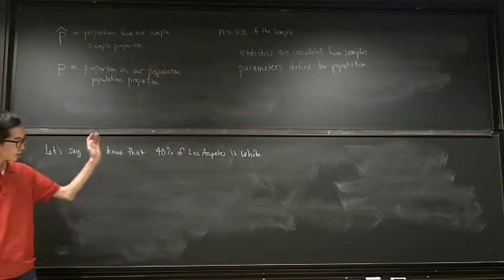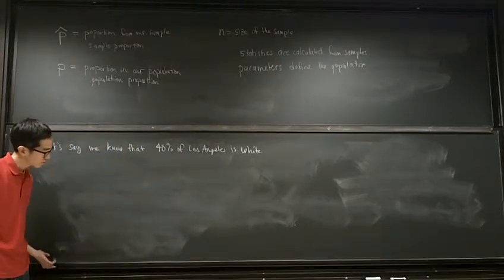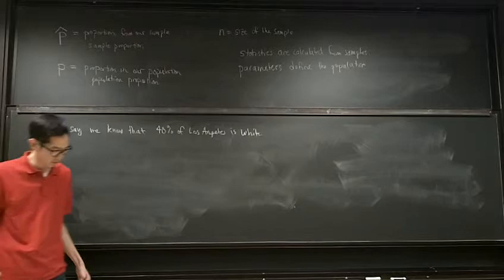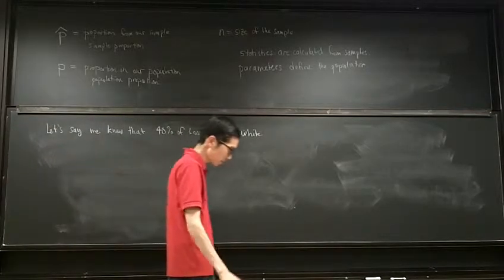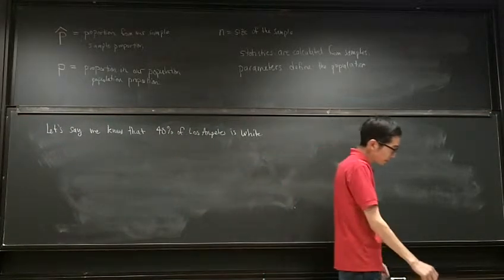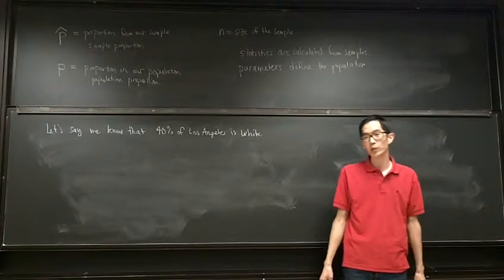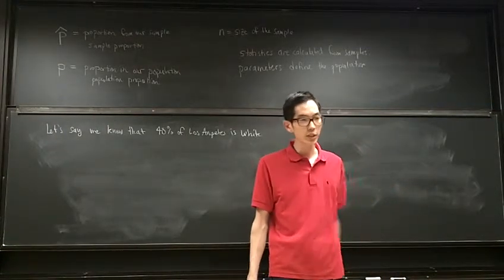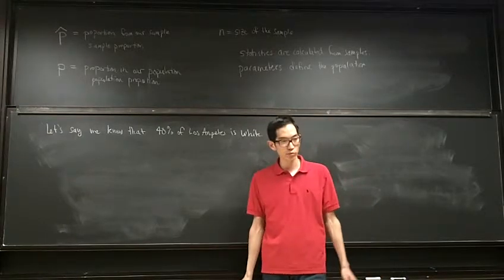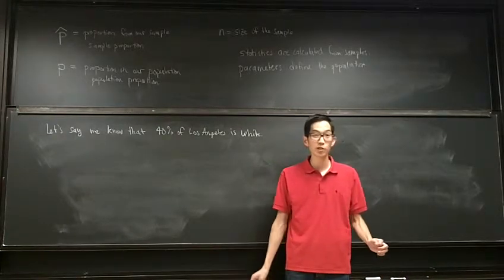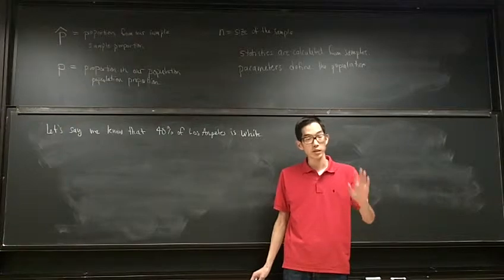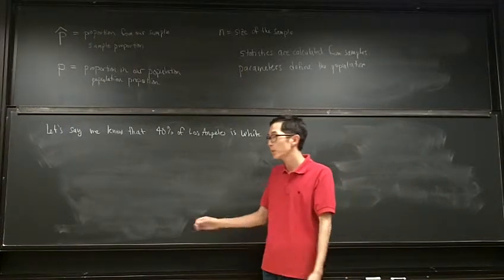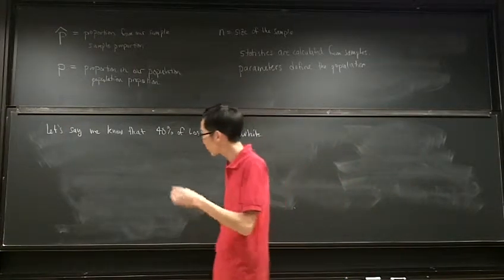Okay? Let's just say we know this. Alright, let's say we task someone, we put them on a mission, and we say, okay, go out and take a random sample of 100 people. Alright? And they actually somehow pull off simple random sampling.